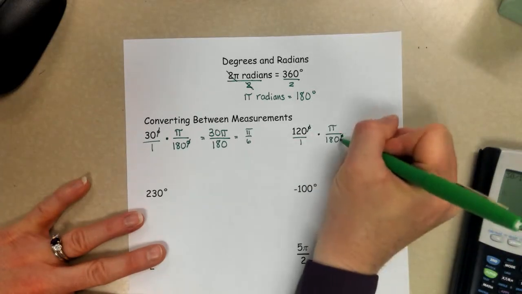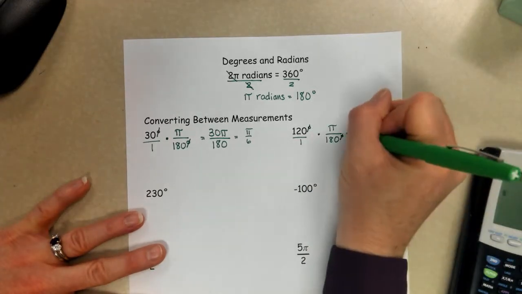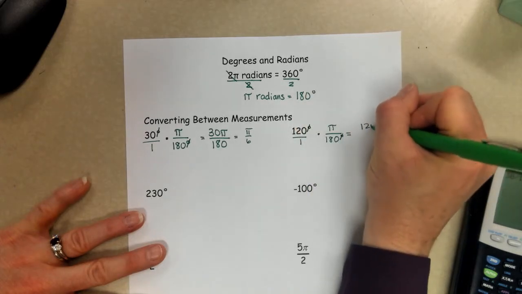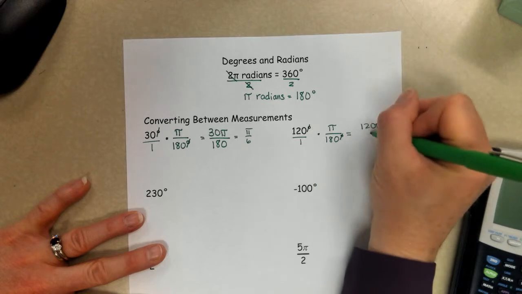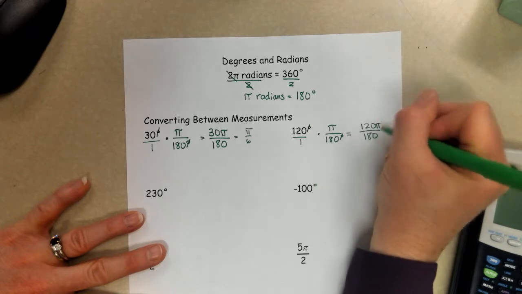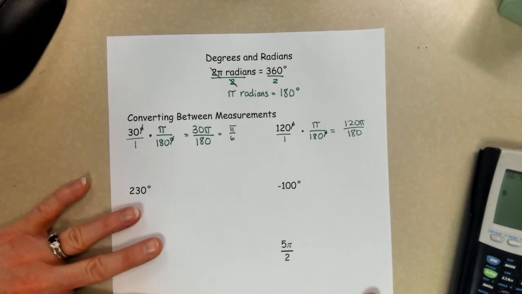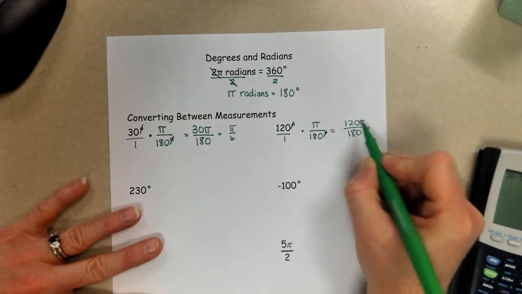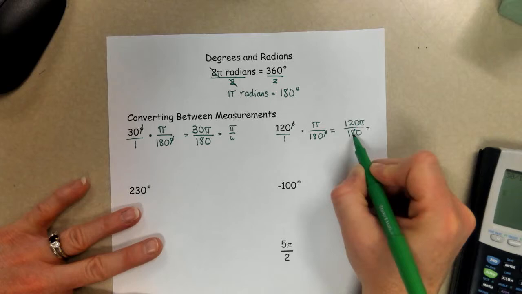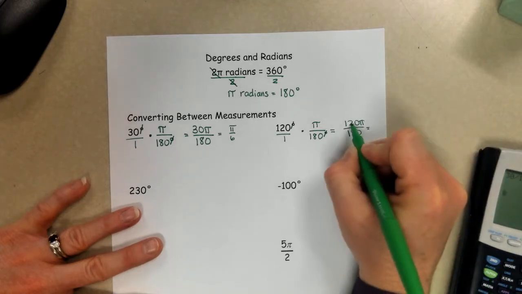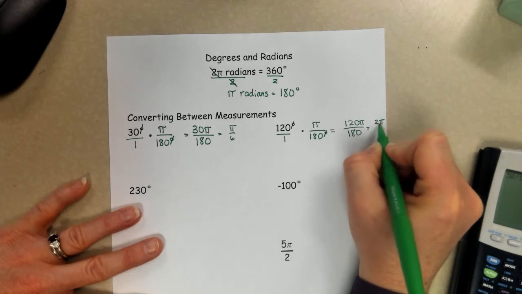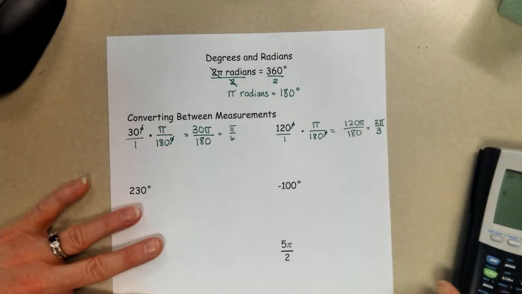So I'm crossing out the degree symbols because they divide away. 120 times pi is 120 pi. 1 times 180 is 180. And then I'm simplifying 120 and 180 in my brain or in my calculator. I know that 12 and 18 both divide by 6, so I know that 120 and 180 can divide by 60, so that would be 2 pi over 3.